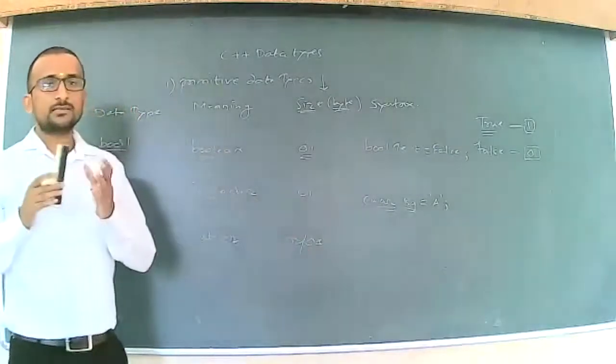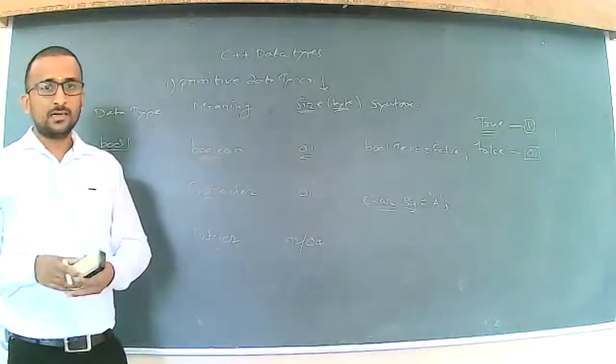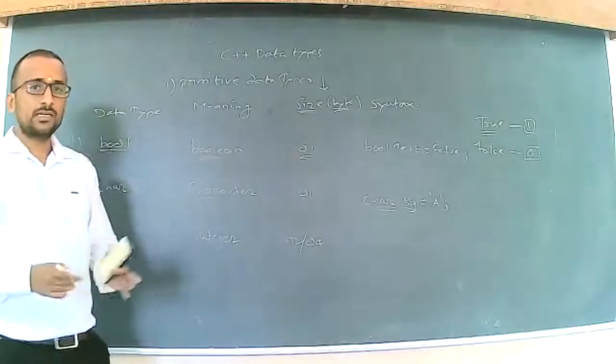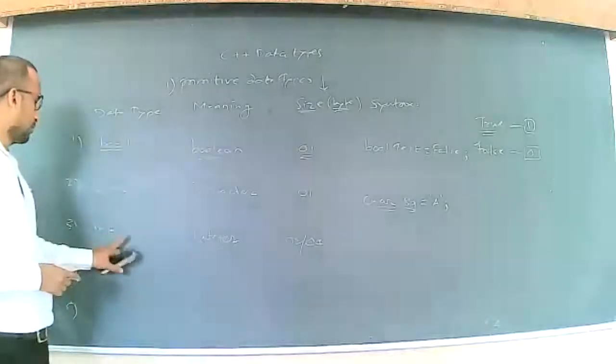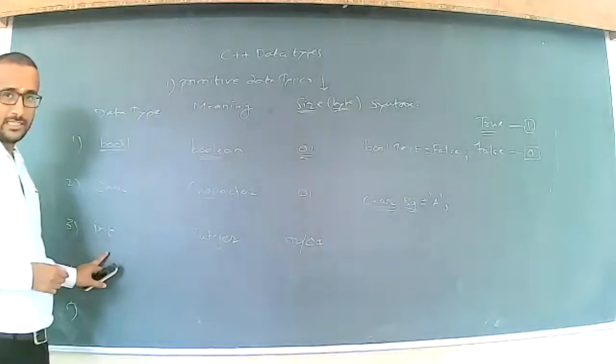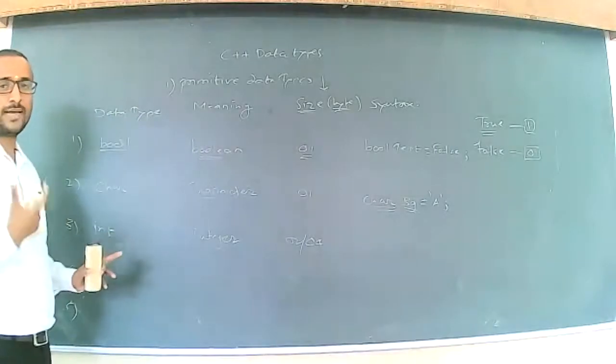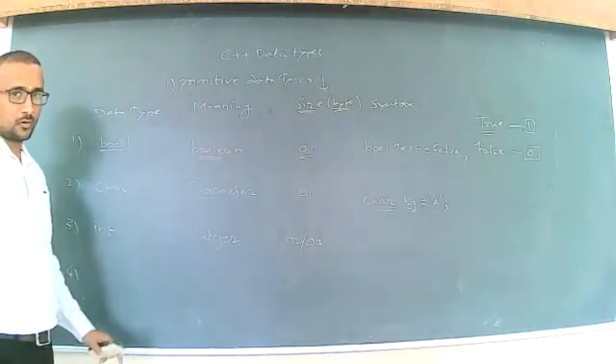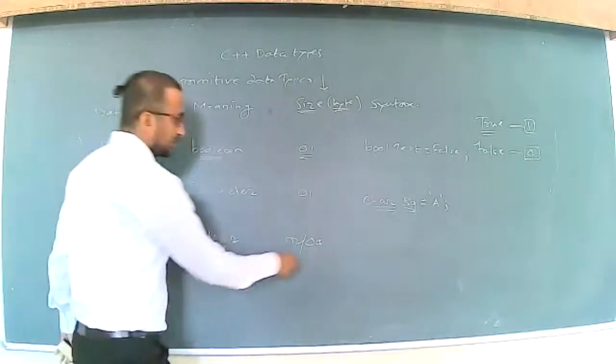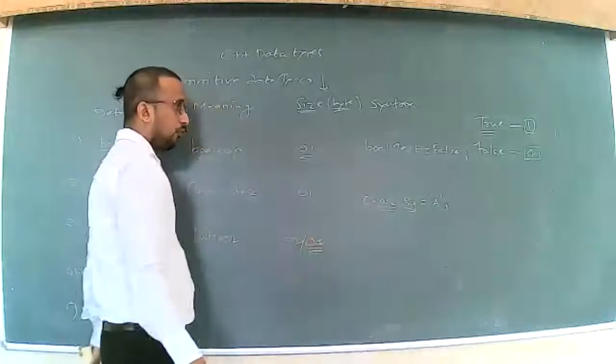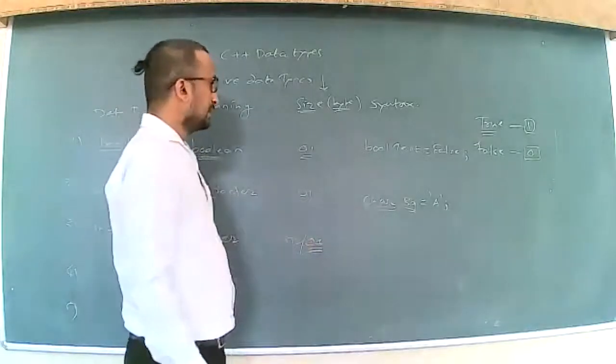Means in the latest C++ compiler, 4 bytes of memory space will be allocated when you define integer variables. So the latest compilers have 4 byte memory space.